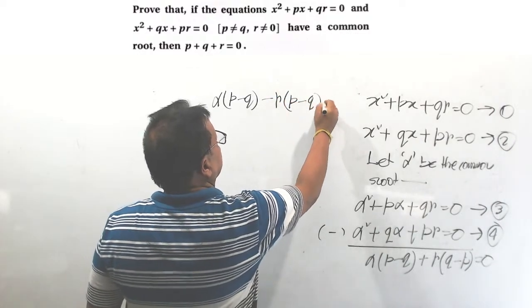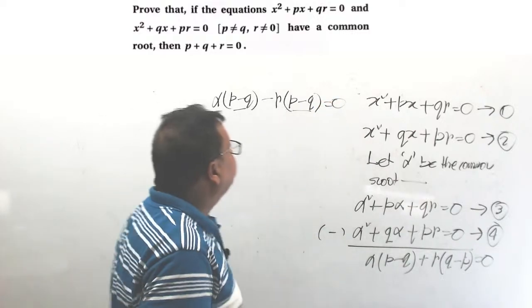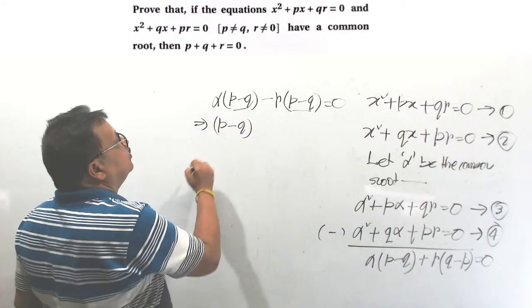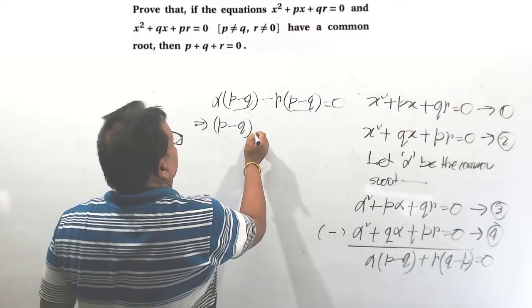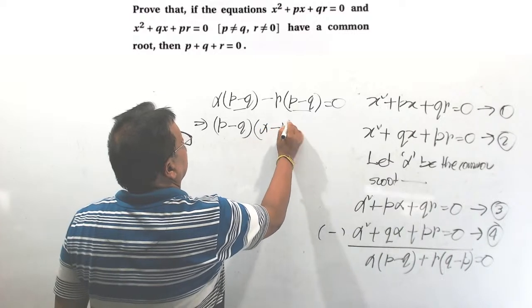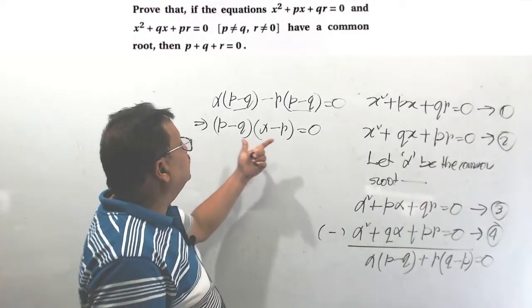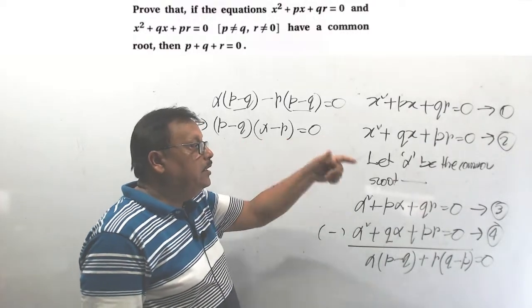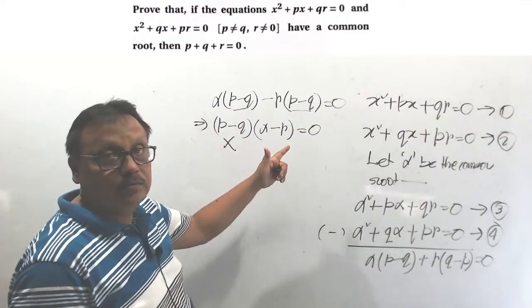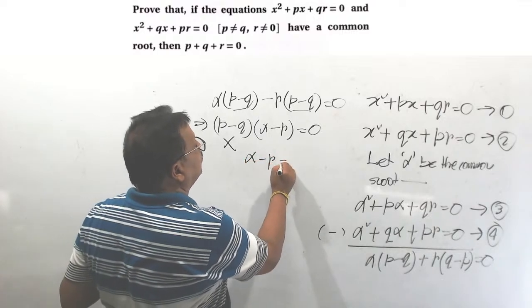Understood why I did it? To make the common factor the same. This implies p minus q into alpha minus r is equal to 0. Understood? The product of two factors is equal to 0, but it is given p not equal to q. Therefore, this factor cannot be equal to 0. Therefore, alpha minus r equal to 0.